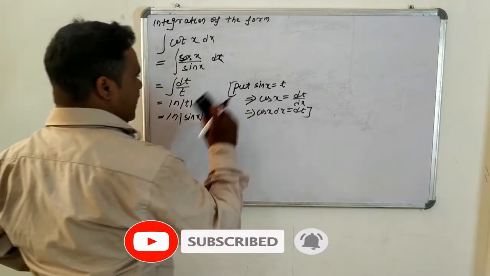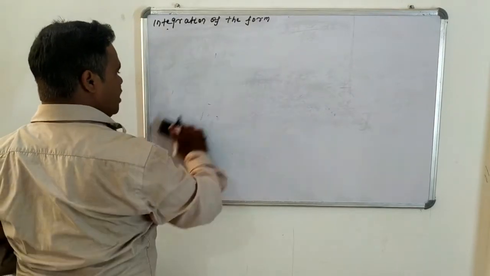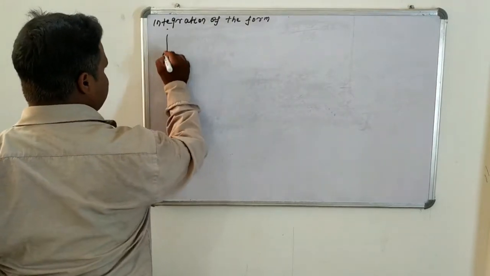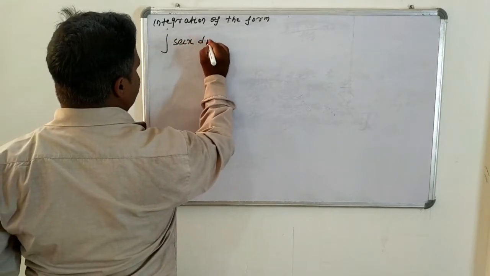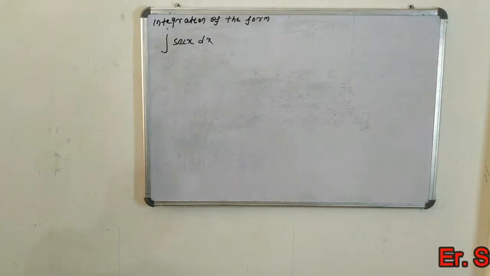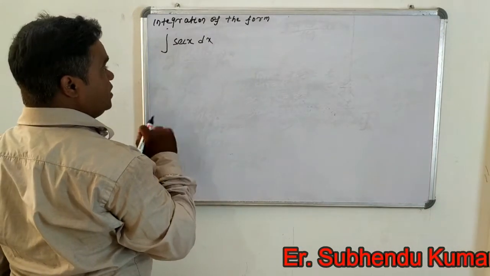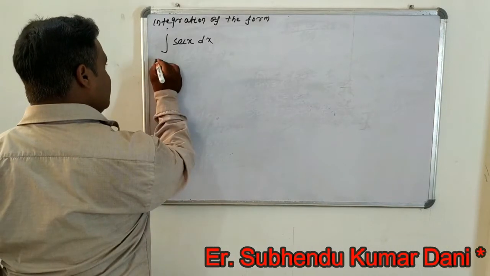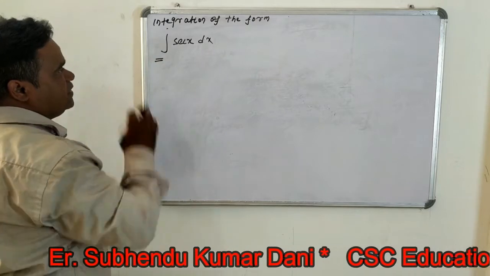Then I will give you another one to solve. Firstly, the integral of sec x dx. Sec x is of the format 1 by cos, which is not a given standard format. So first we convert sec x. What is the relation between them?